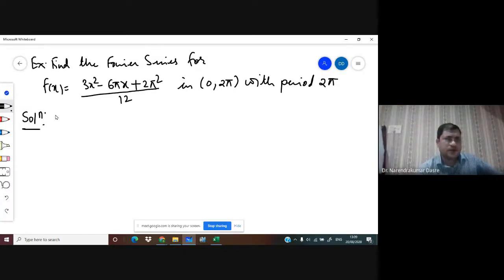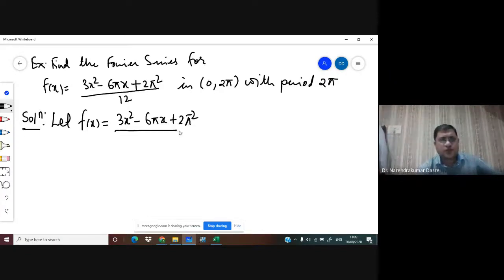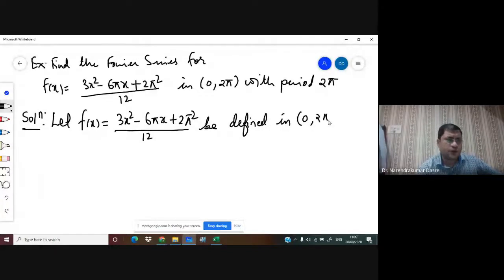So let's have that f of x is equal to (3x square minus 6 pi x plus 2 pi square) on 12 be defined in 0 to 2 pi with period 2 pi.